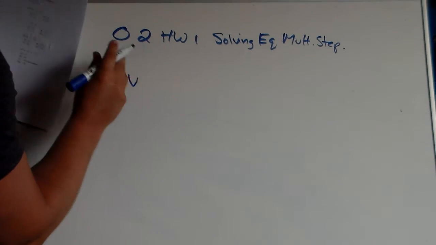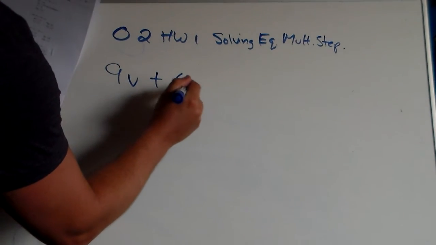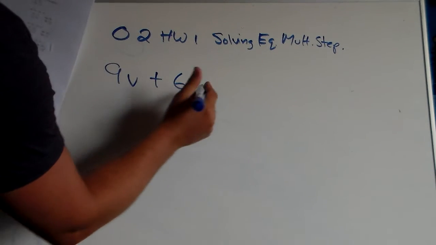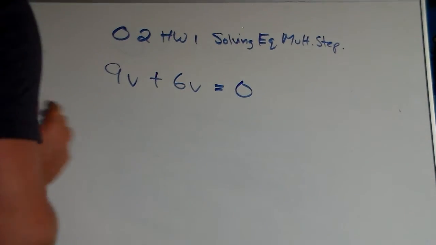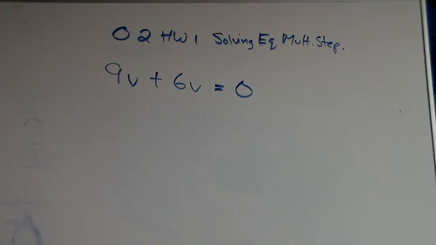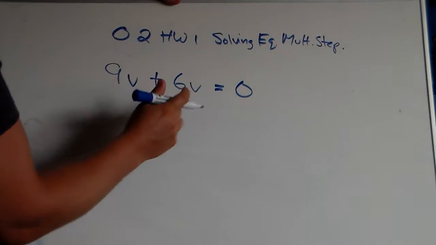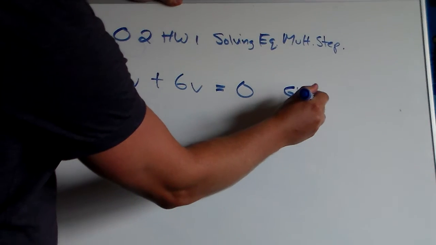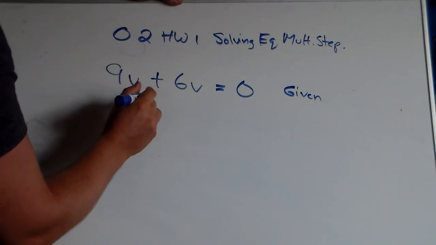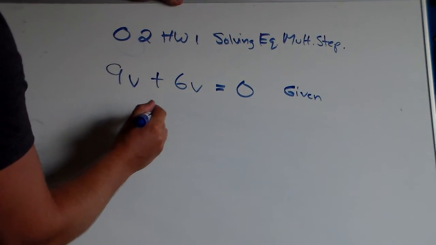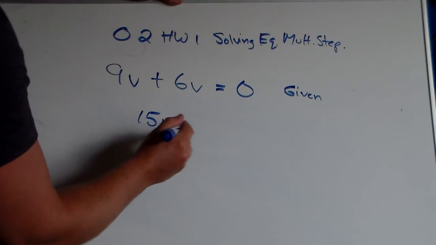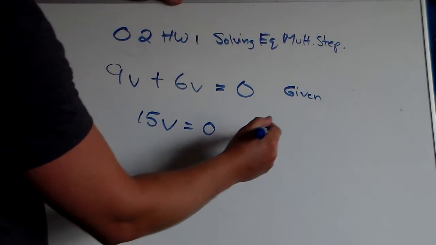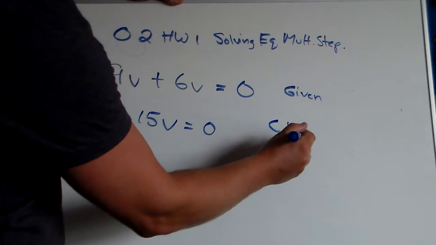So 9v plus 6v equals 0. So 9v plus 6v, well, we know they're like terms, and this is what's given to us. 9v plus 6v gets us 15v. Carry down equals 0. So all we did was just combine like terms.